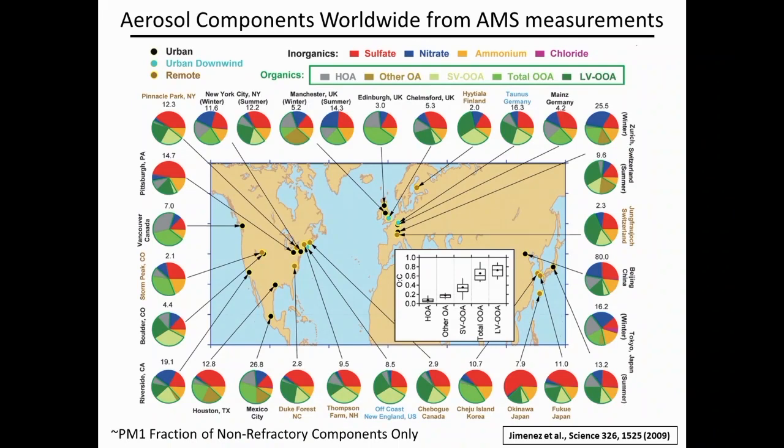So what would you say is the overall picture of the PM1 aerosol composition from that map? I mean, this is 2009, so this was 10 years ago. What it's saying, I think, is one of the take-home messages.